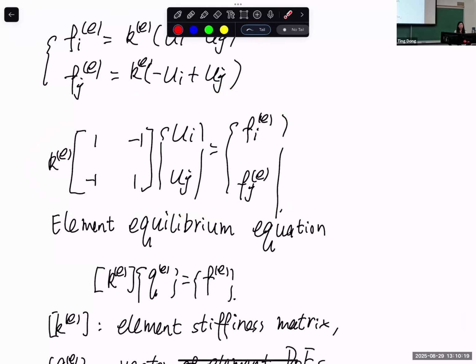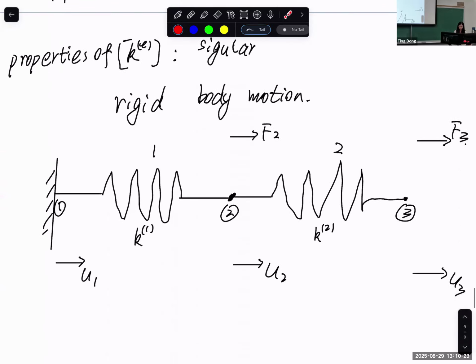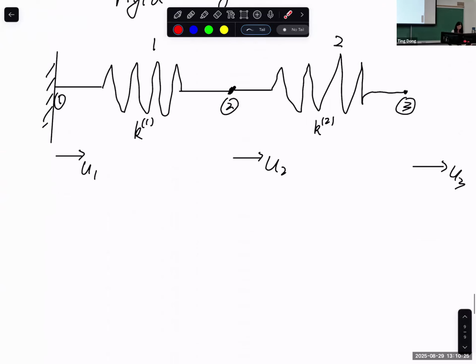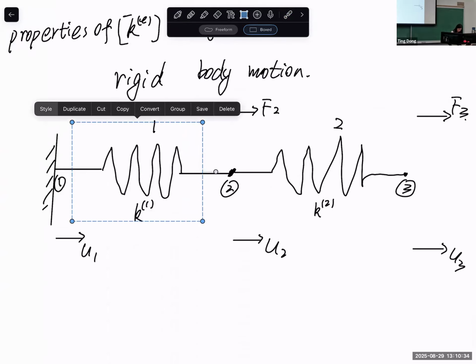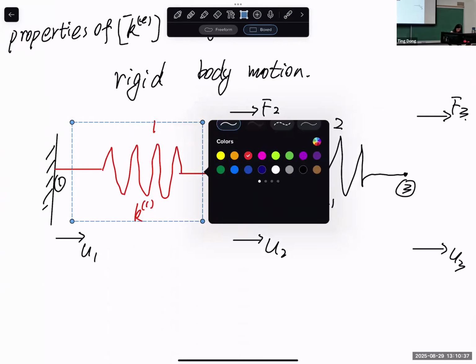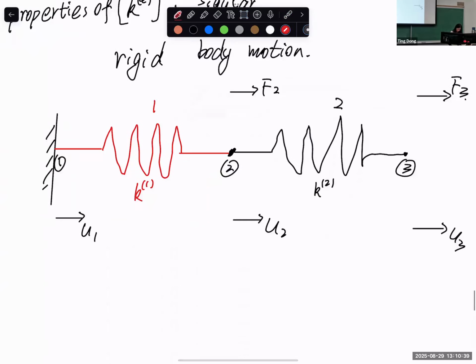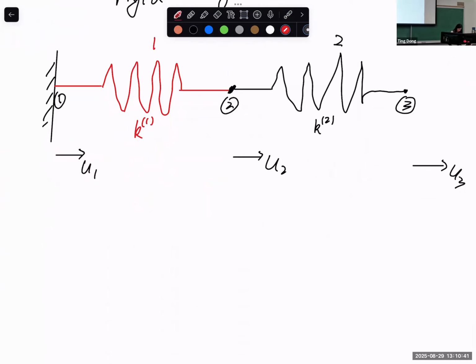We write this for element 1 and element 2, and then we can put it in one matrix equation to assemble for the whole system. For element 1, let's use a different color. We can write K1 times [1, -1; -1, 1]. For all spring elements, it's the same.